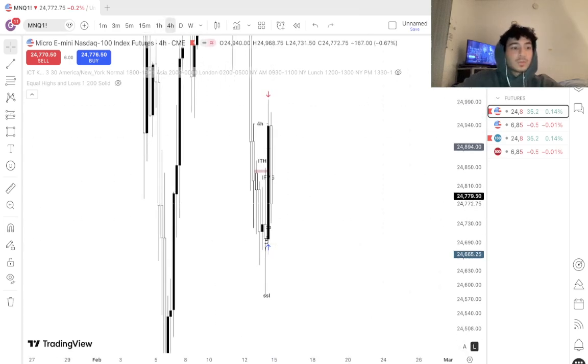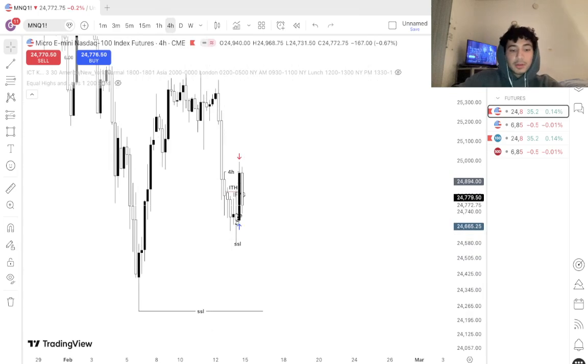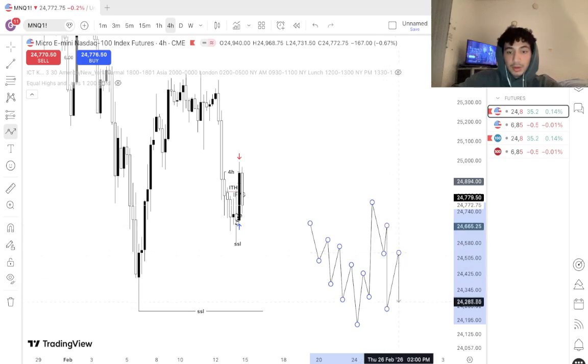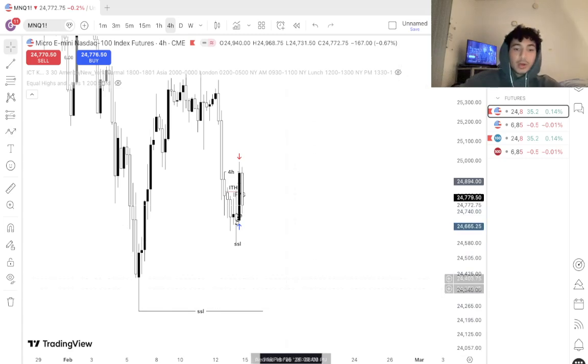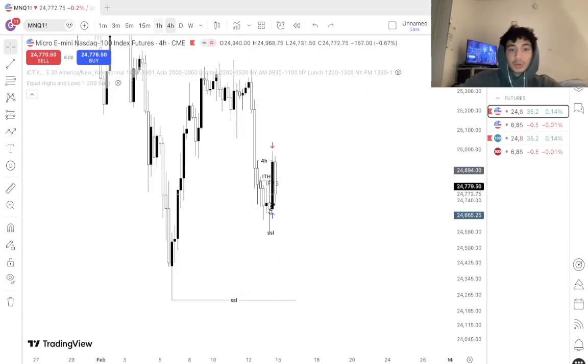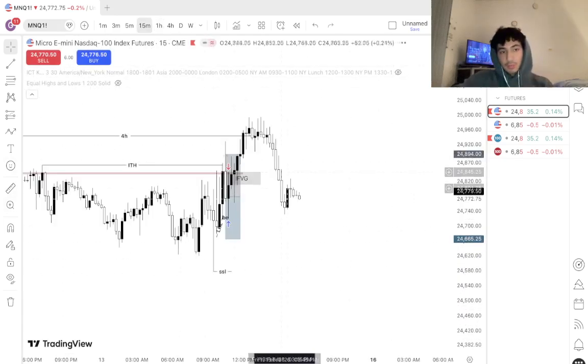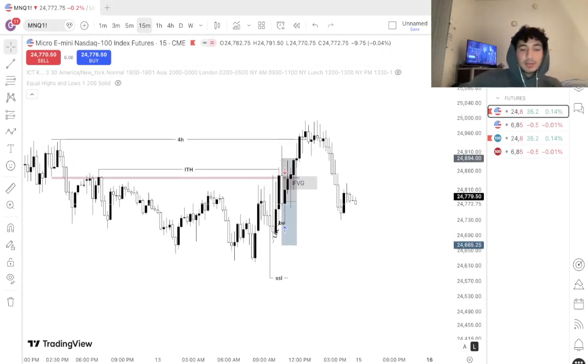So what does price need to do to keep delivering lower? We need to seek liquidity to then rebalance the leg and keep going lower. In a way, that was my idea: I want to seek liquidity at the left to then take shorts. My condition was I want to see that 4 hour getting tapped to then go short.